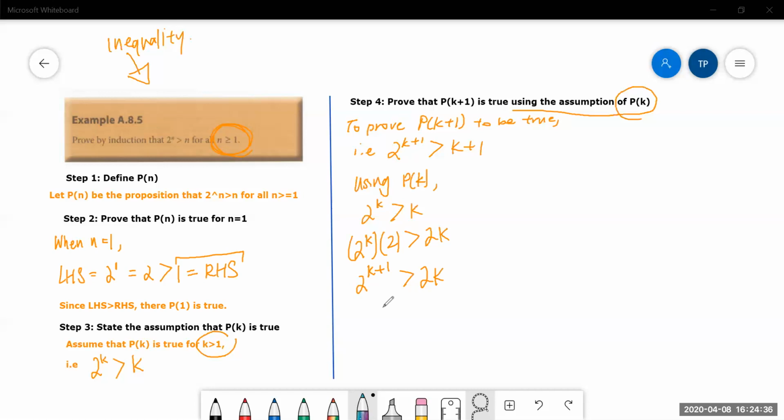The whole purpose of multiplying by 2 is because I want to get 2 to the power of k plus 1.